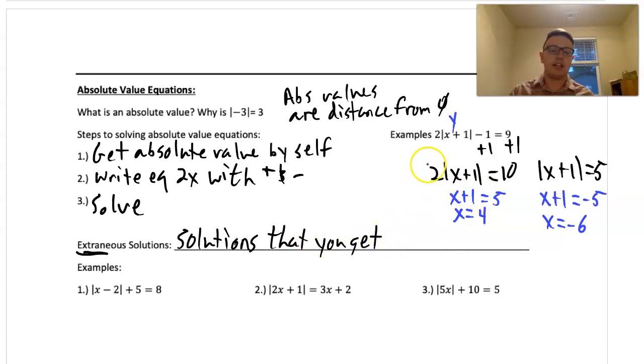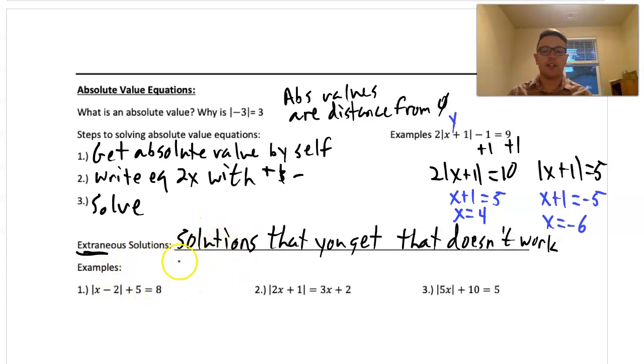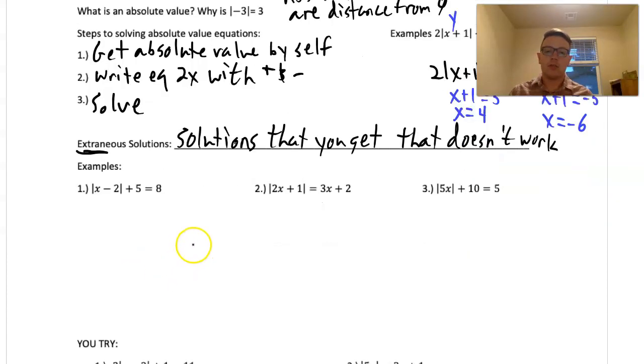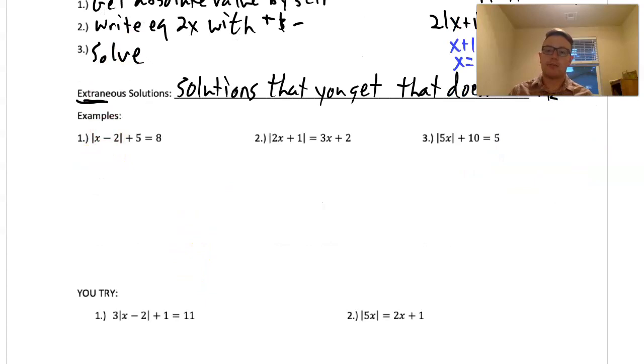So it's a solution you get that doesn't work. We'll look at an example that has an extraneous solution if you're still a little bit confused about that. But let's get some practice in with these first.